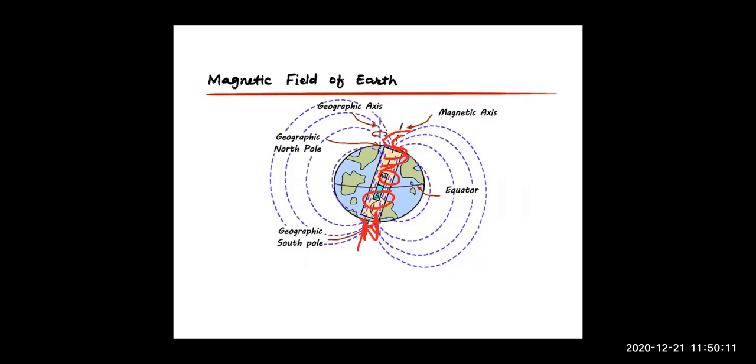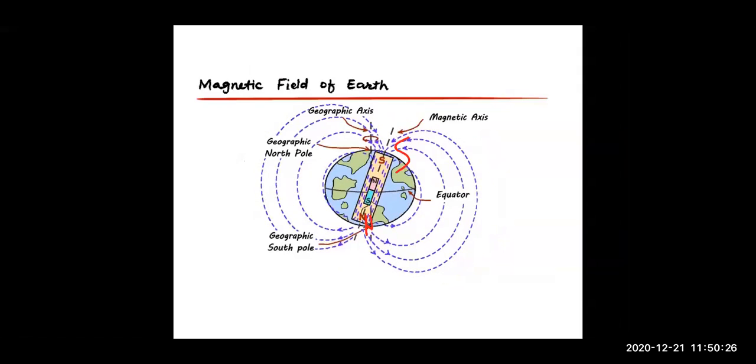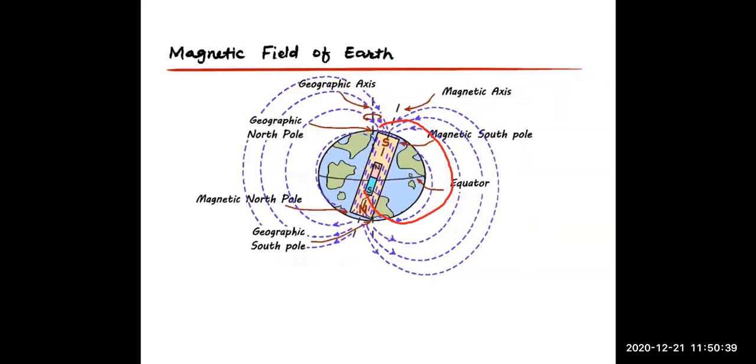Now children, here we can see these are the magnetic field lines. The magnetic field lines are from the north pole to the south pole, known as magnetic north pole to magnetic south pole.